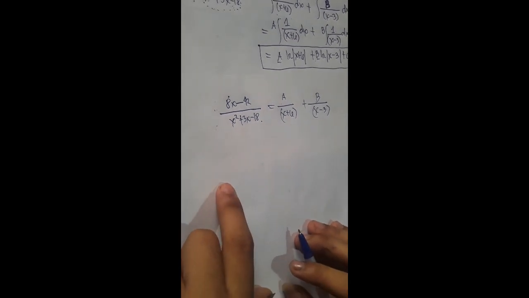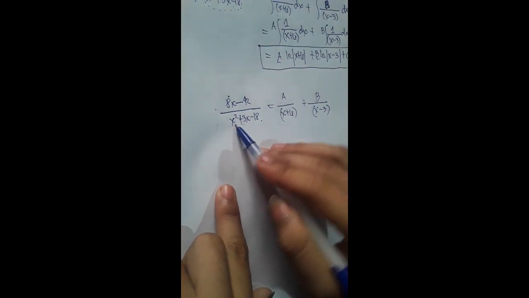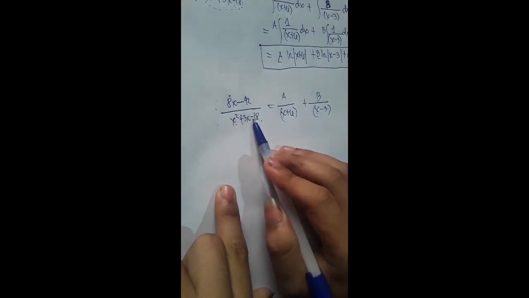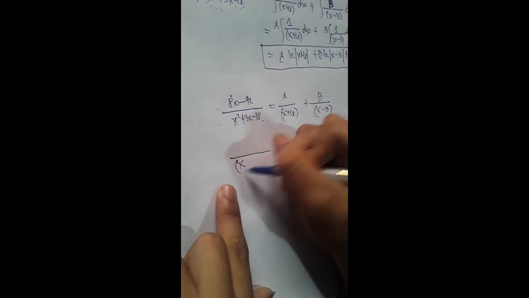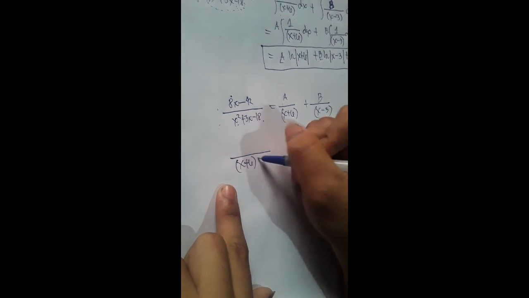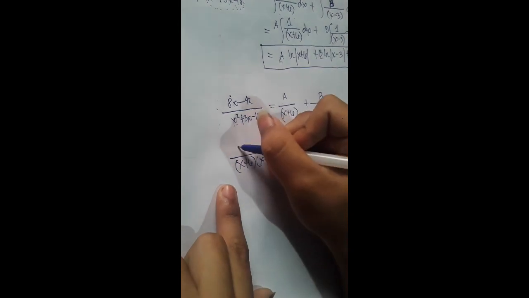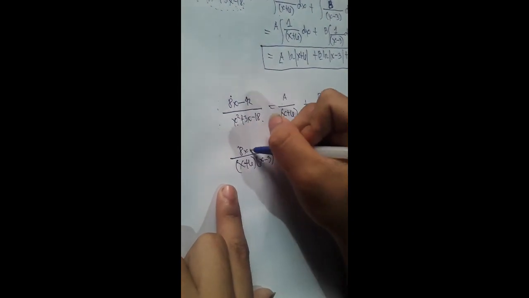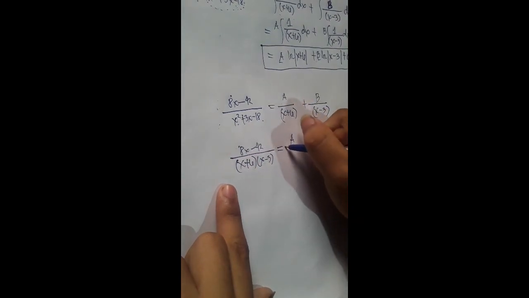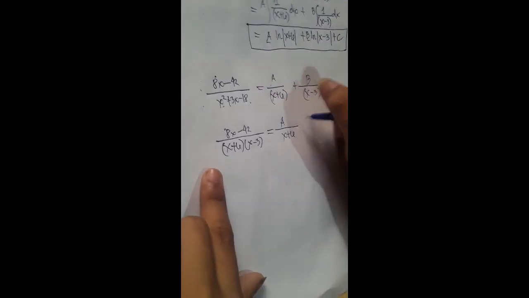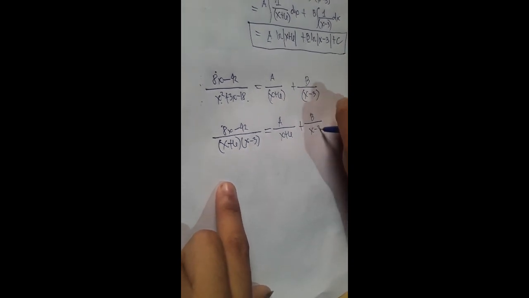Now, we already know that the factor of x squared plus 3x minus 18 is x plus 6 times x minus 3. So, we put here in the numerator 8x minus 42 equals a over x plus 6 plus b over x minus 3.